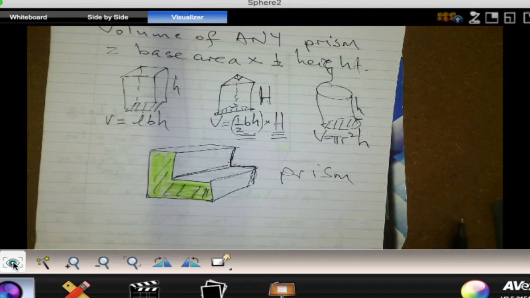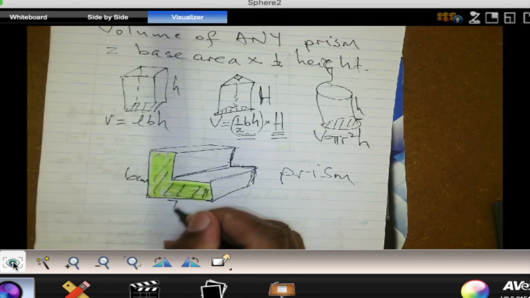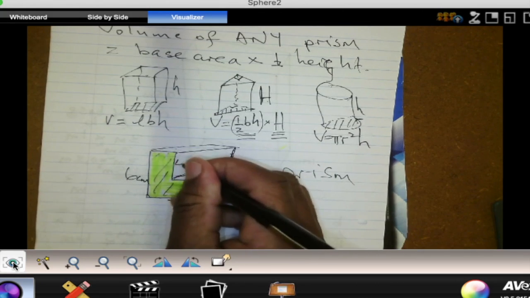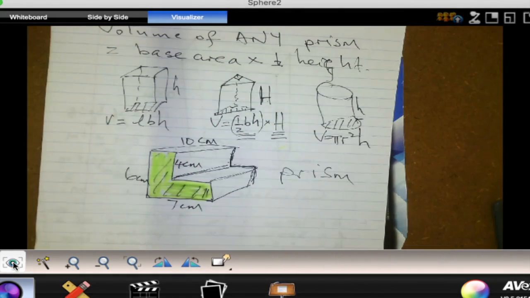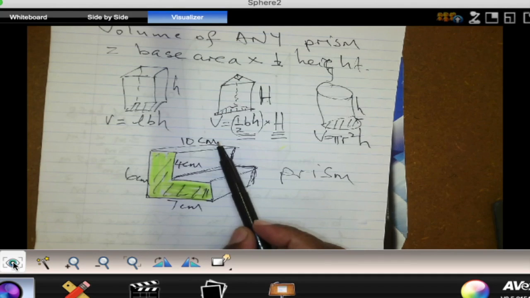So if I know that maybe this is 6 centimeters and that this is 7 centimeters and that this is 4 centimeters and this is 10 centimeters, I can work out the volume of that whole thing there. Correct? So volume will be the area of the green L that we have here, and that answer will be multiplied by 10.